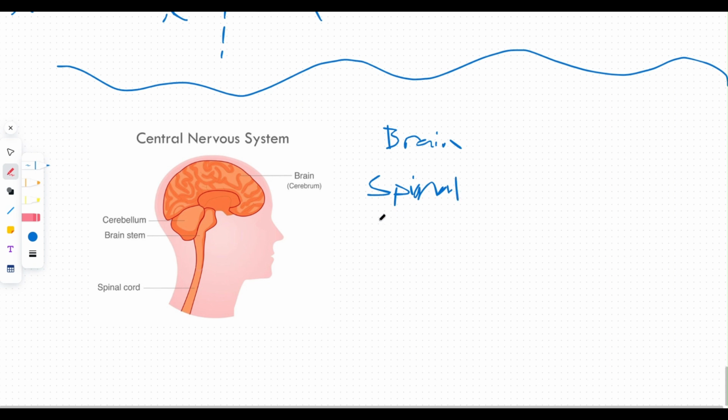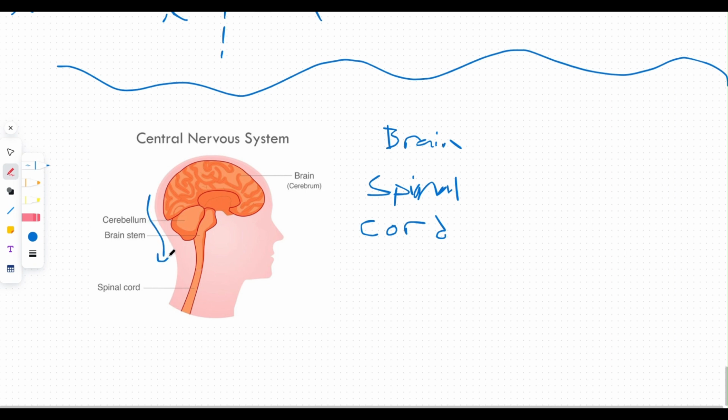Now, you have to imagine, right? The brain consists of many parts, right? Cerebrum, cerebellum, brainstem, spinal cord. And generally, the lower down you go, the more primitive the functions become.